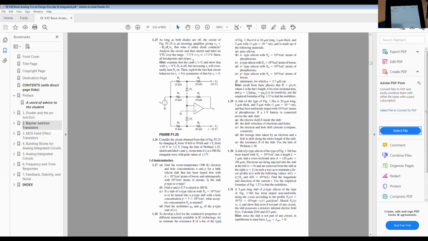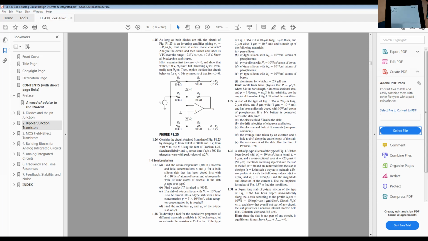So if it is 10 micrometer long, 1 micrometer thick, and 2 micrometer wide, where every 1 micrometer is 10 to the power negative 4 centimeter, and is made up of the following material.